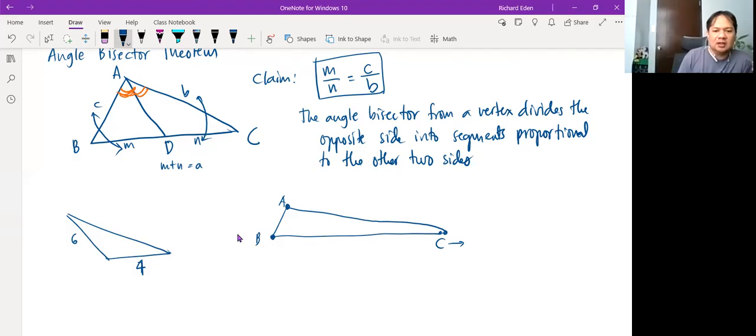Did you think there was something contradictory? Let's say this is C, and BC is going to be longer and longer, and so AC is going to be longer and longer. But what's going to happen is that as C is moving further to the right, the angle bisector point D is also moving further to the right.